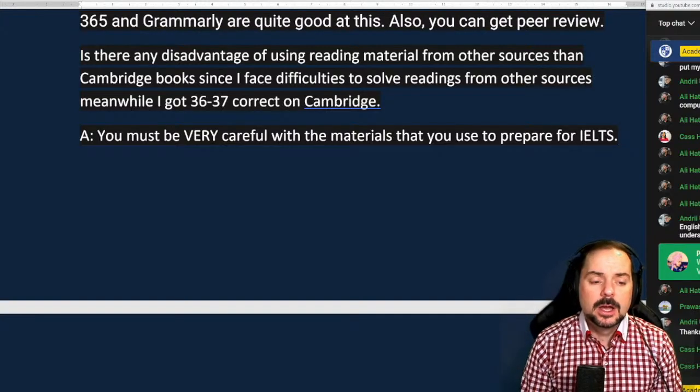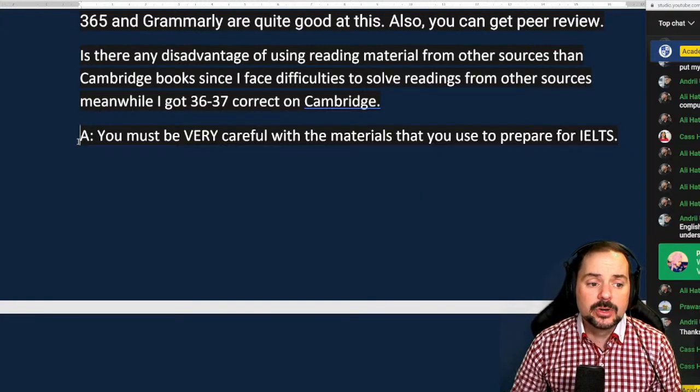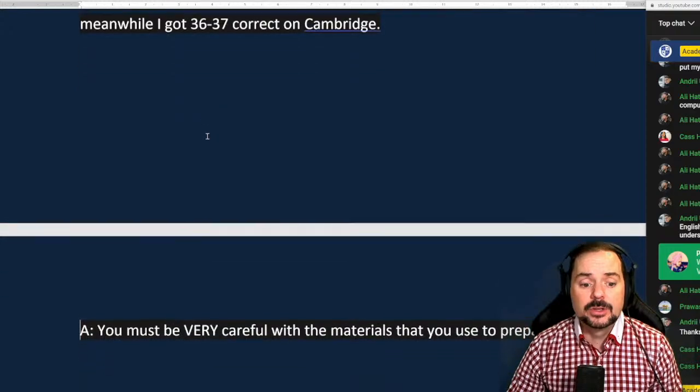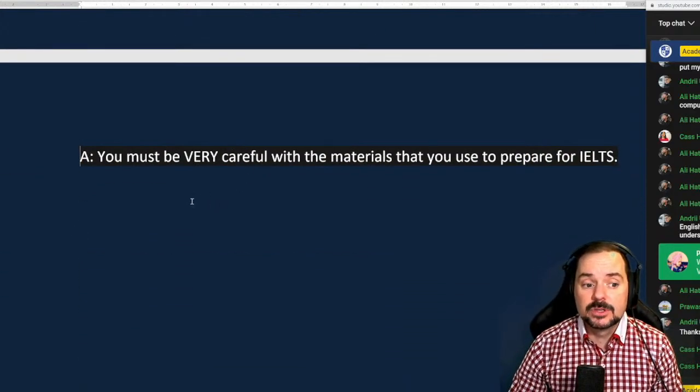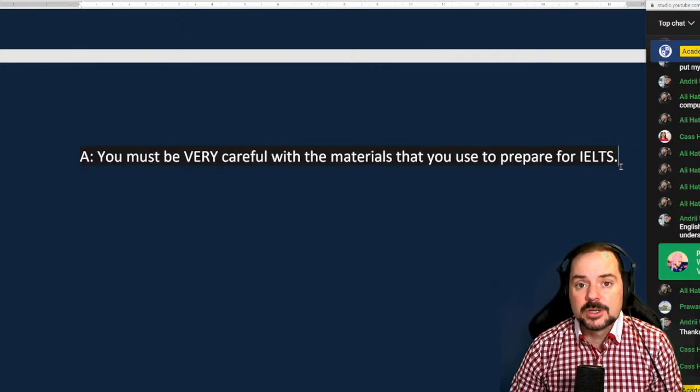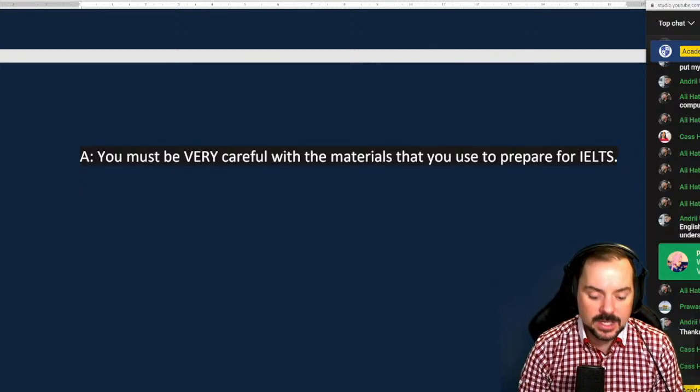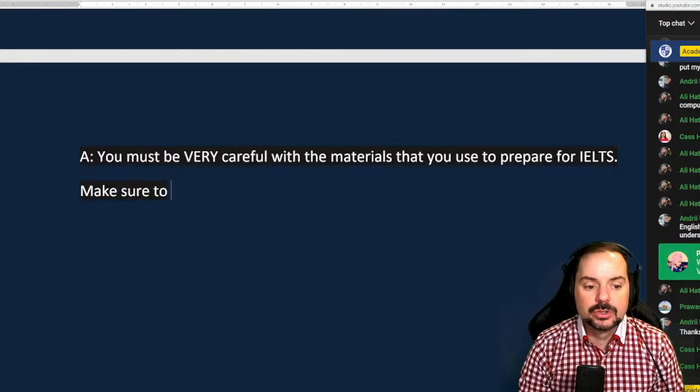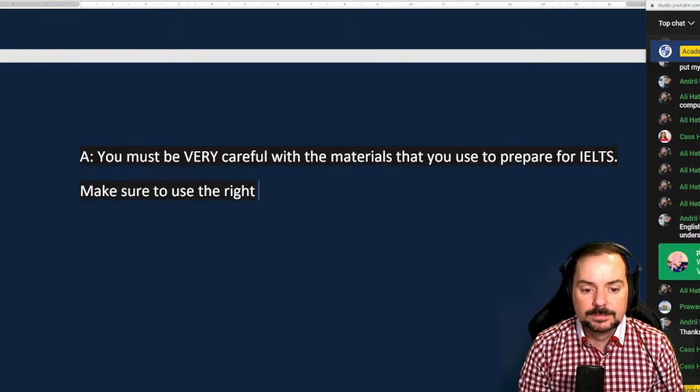Firstly, you have to make sure that you're using the general if you're studying for the general exam, or the academic if you're studying for the academic. Don't mix them, especially the reading, because they're very different, okay? So make sure to use the right module, okay?